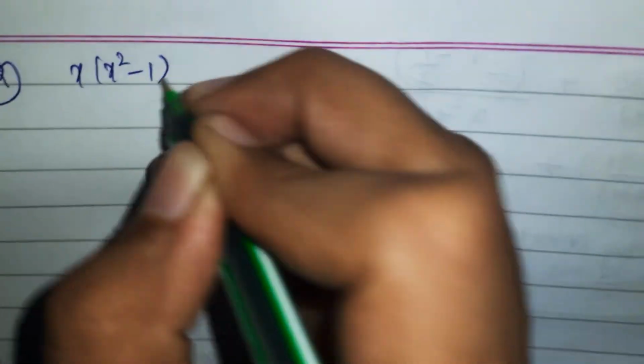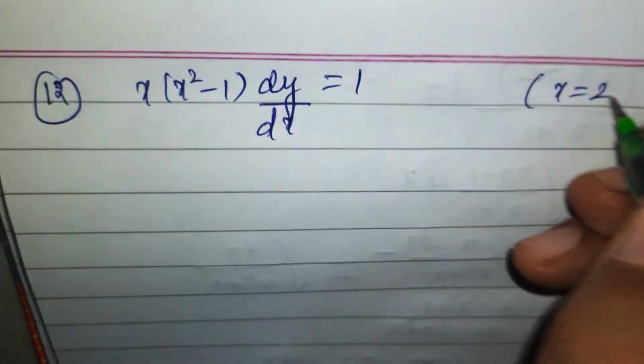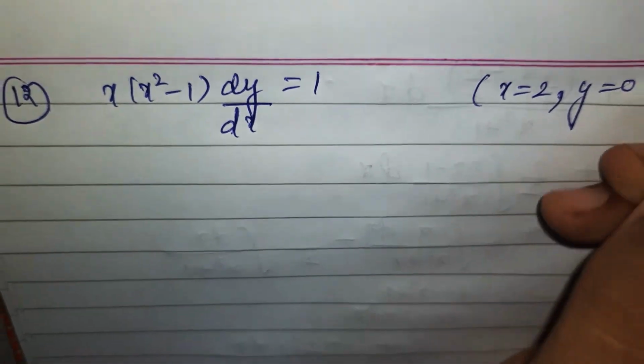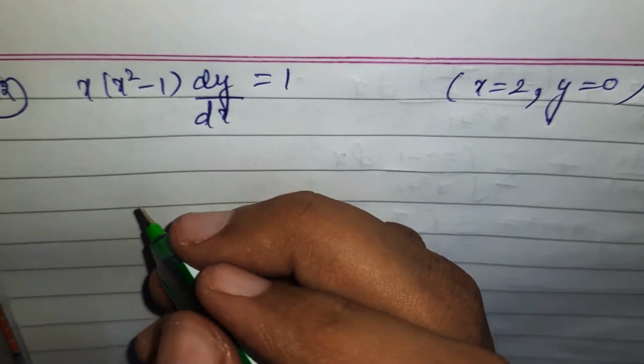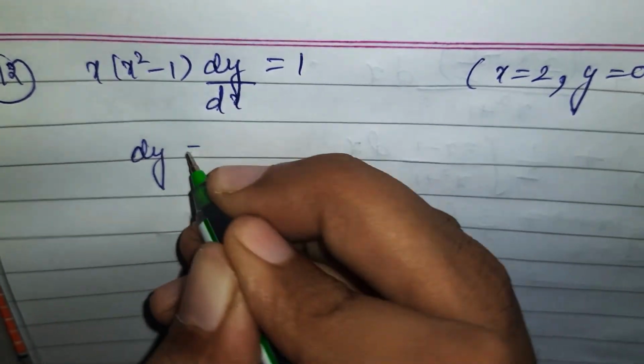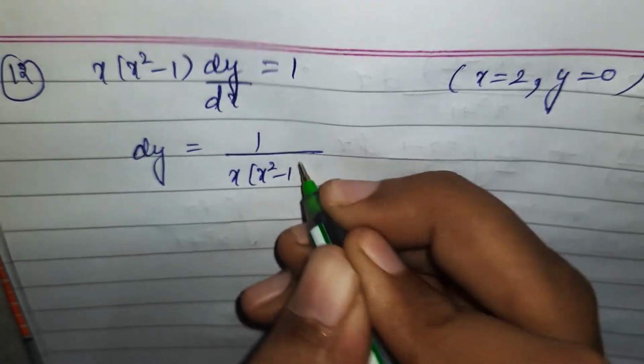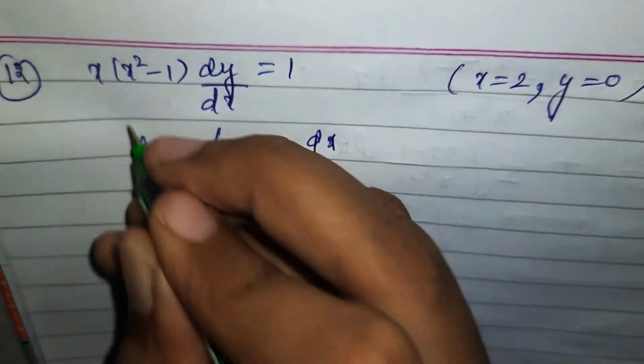In question number 12, again we need to proceed like this. In question number 12, we have x square minus 1 dy by dx, which is equivalent to 1, where x is 2, y is 0. So for this question, what we need to do, dy will take to the left hand side, then we'll have 1 upon x square minus 1 dx, integrate both sides.